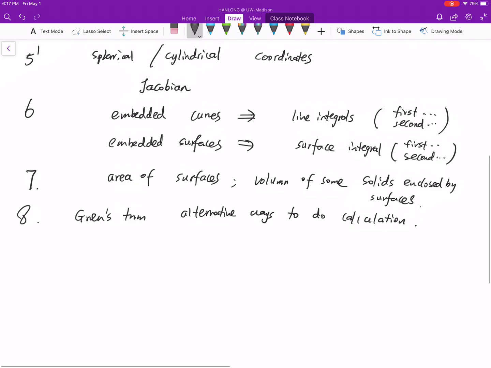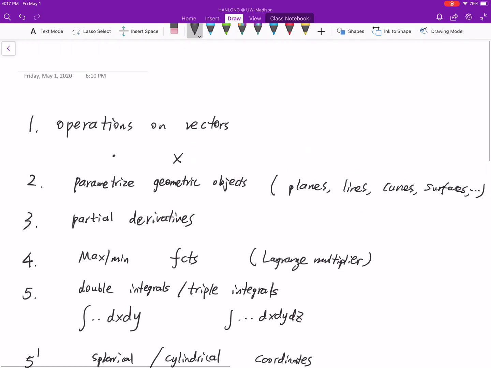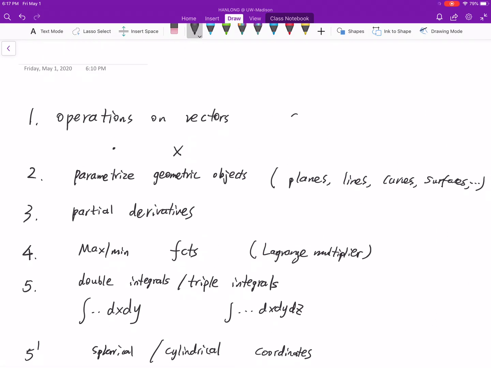I should say here the operation on vectors. Later, we also learn some fancy stuff, curl, divergence, and also for the vector field, we learn how to find the potential of some vector field.